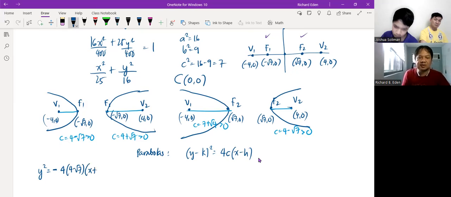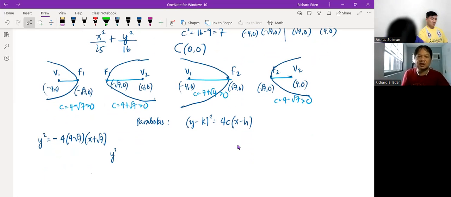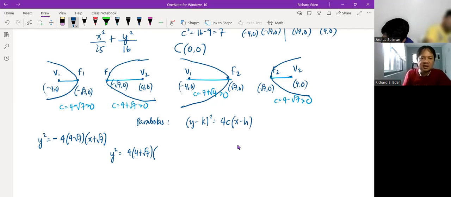And then x plus the square root of 7. And then for the second case, we have y squared equals 4 times 4 plus the square root of 7, a positive quantity, which is appropriate for the parabola. So we don't need to append a negative symbol. And then x plus the square root of 7.